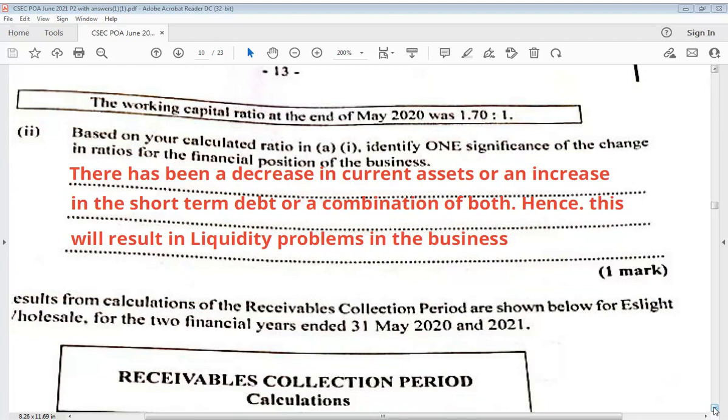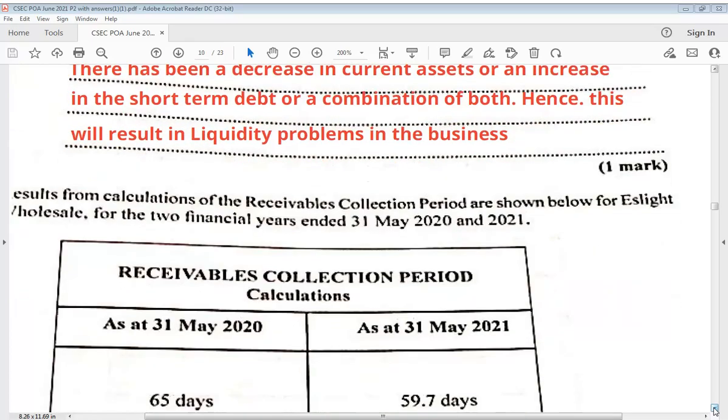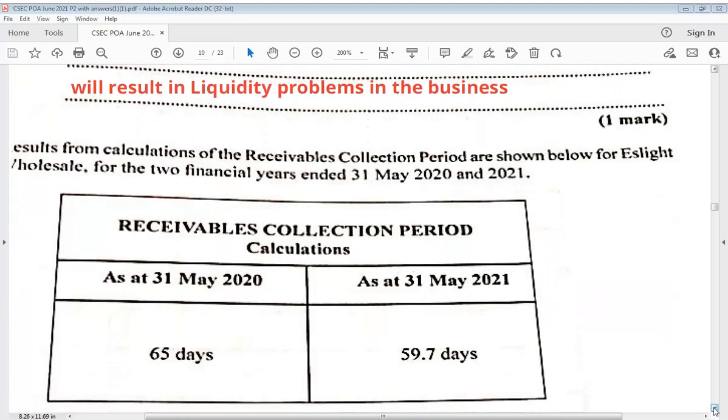So let's move on to the second part of question 3A. It says results from calculations of the receivables collection period are shown below for S-Lite Wholesale for the two financial years ended 31st of May 2020 and 2021. So here they give us receivables collection period calculations as at 31st of May 2020, 65 days.